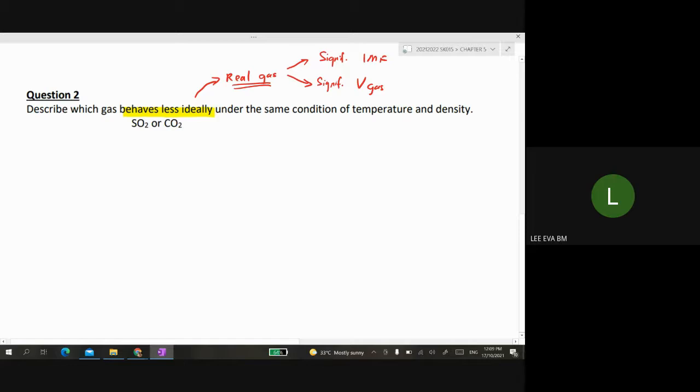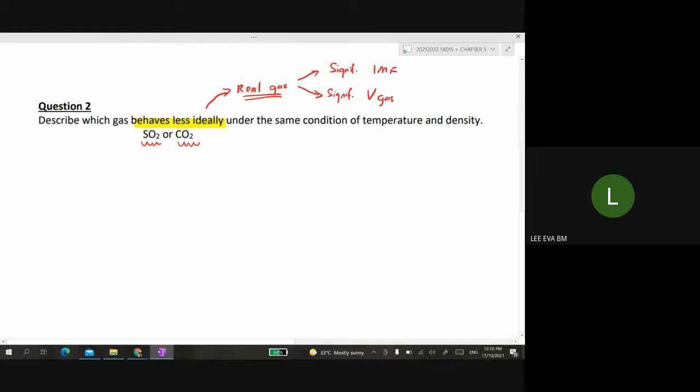Okay, so if you look at the two gases given, we have sulfur dioxide and carbon dioxide. Which one has more significant intermolecular forces? Try to guess.